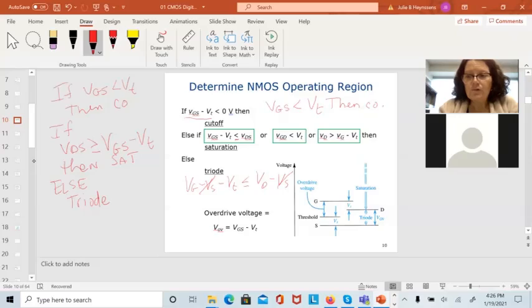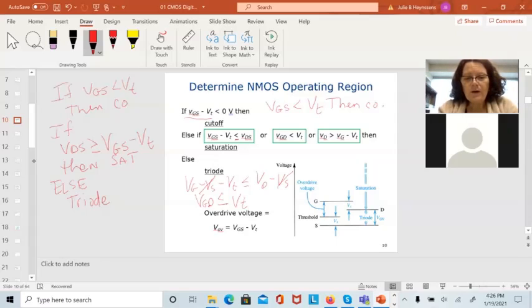And then I could subtract VD from both sides, but VG minus VD is just VGD. And then move VT over, I get this equation. They're all really the same equation.